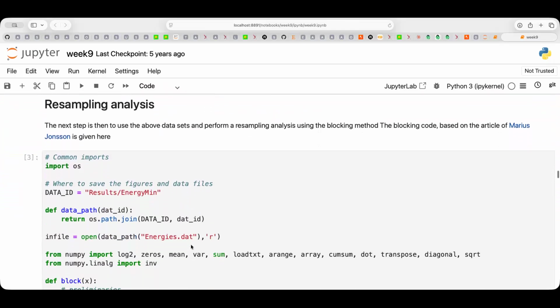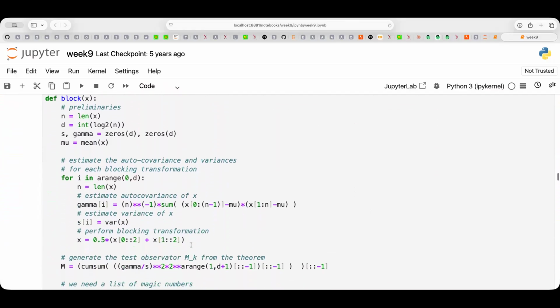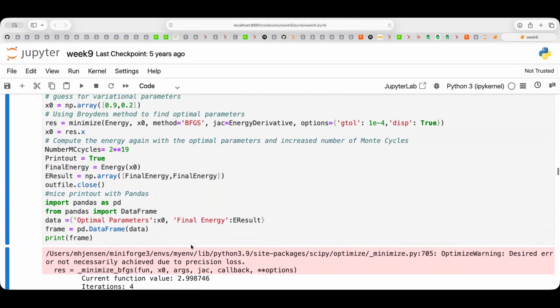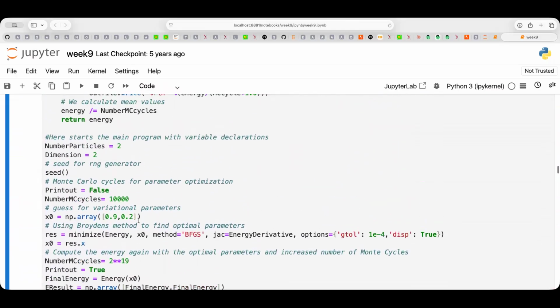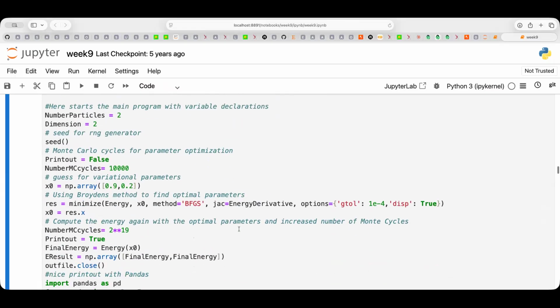And then the resampling tool, there is one here where we do the blocking. What I'm doing now is writing all the data sets to file, and you will see in the calculation of the energy, I have a printout statement that just writes the energy as a function of Monte Carlo cycles. That's my observation, which I then feed into the blocking method.